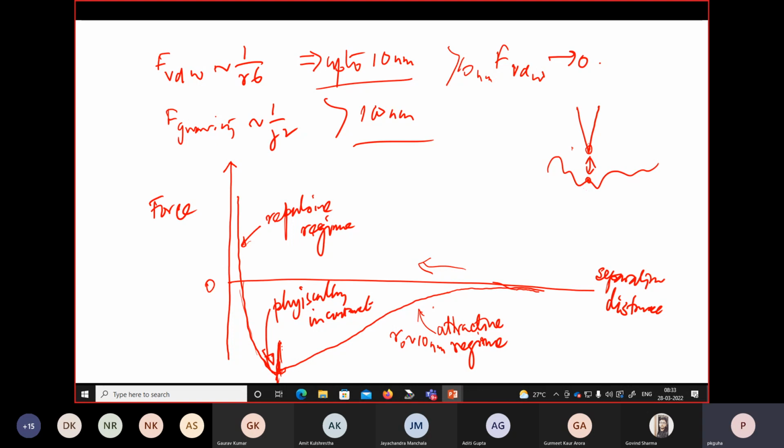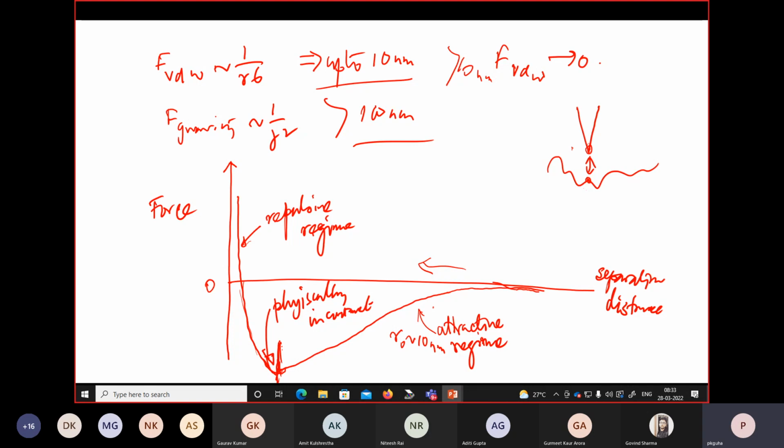So as you bring your tip much closer to that of the surface atom, there will be electronic cloud from both the atoms, one from the atom of the tip and the other from the atom of the surface, and this electronic cloud will overlap, hence there will be electrostatic repulsive force, and that repulsive force will start dominating over the van der Waals force.